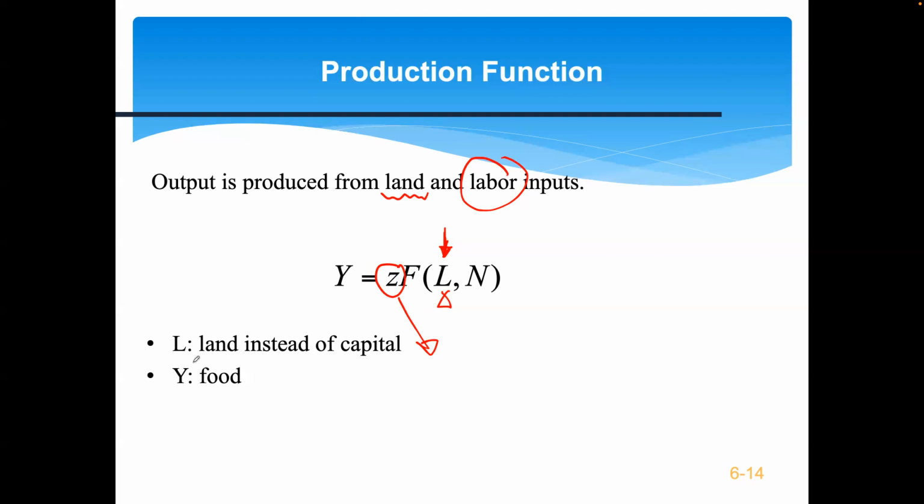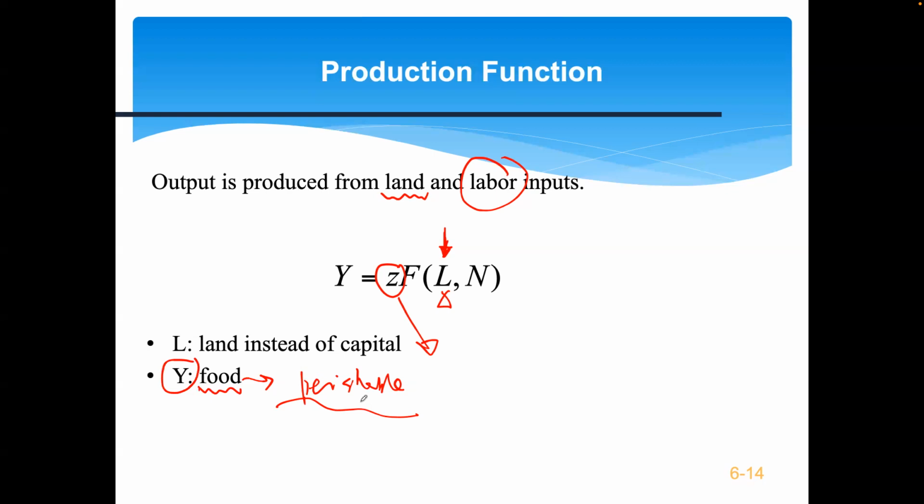Now let's see what the output is. In an agricultural economy, the output usually is food. Now we need to be a little bit careful. Food, in general, we assume is perishable, meaning you must consume it in the current period. By the way, here we usually think of one year as one period.